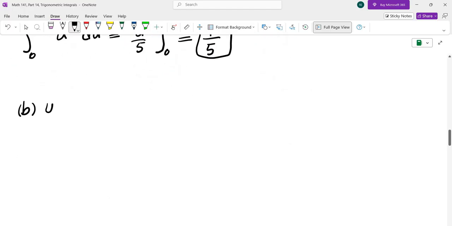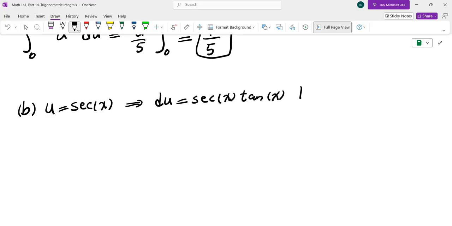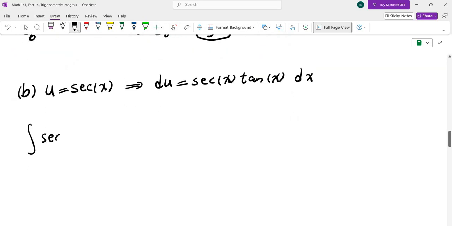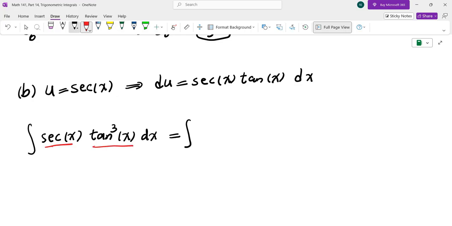So we're going to apply u equals secant of x. That gives us du is secant of x tan of x dx. So we're looking at integral of secant tan cubed. So this would be secant of x tan cubed x dx. This is equal to integral. Well, if you look at the inside, we have secant and we have 3 tangent.